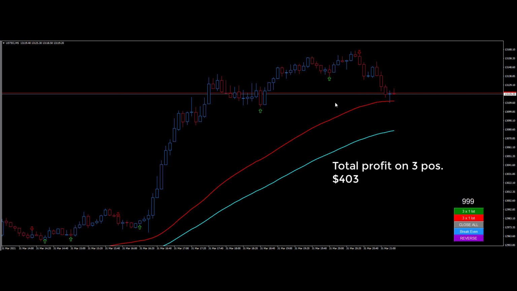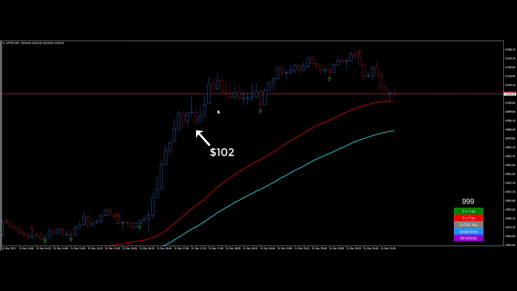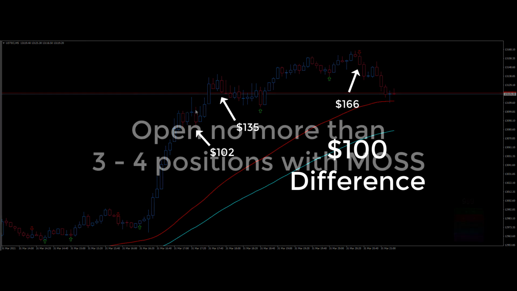I can bet that many of you will have closed your position on that evening star candle at 13,088, making only $306. By staying in a trade and banking profits stepwise on each position, you made 30% more. 30% ain't small. In this case, a good $100.